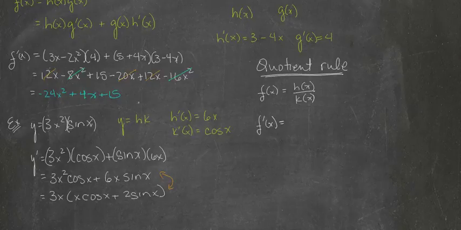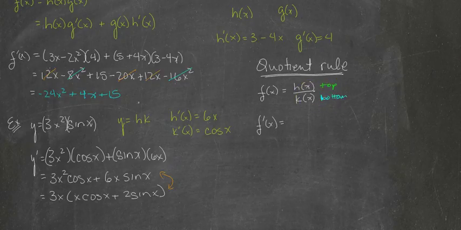So that's a little advertising. I like my way. It works fine. If you want to learn another way where there's a little memory tool, feel free to do that. Either way is fine with me. So here's what I do. I'm going to use the word top to talk about h of x, and the bottom to talk about k of x.